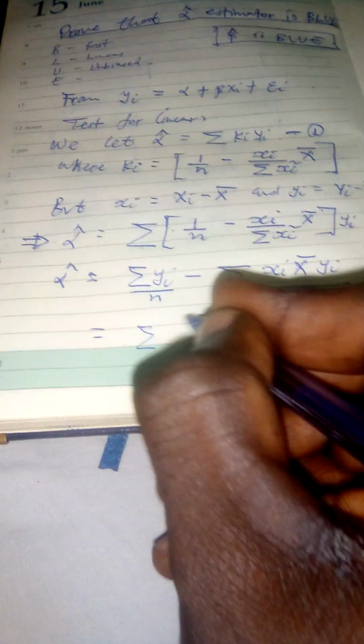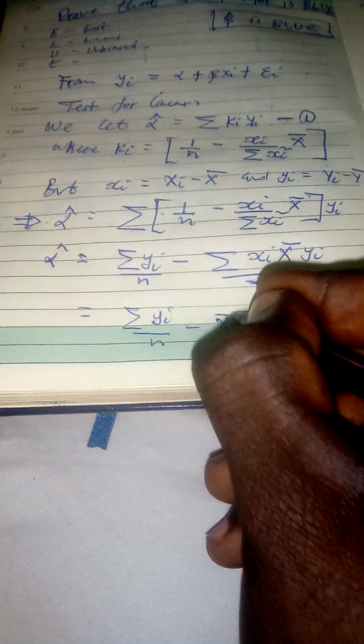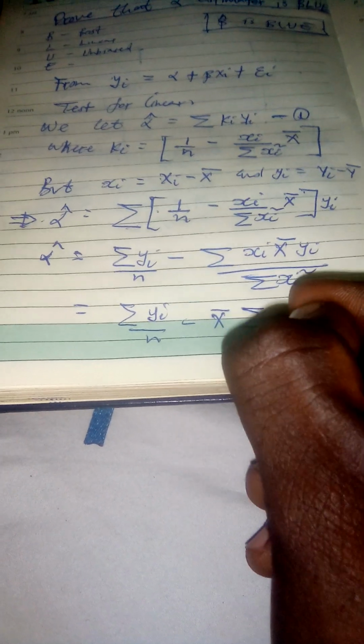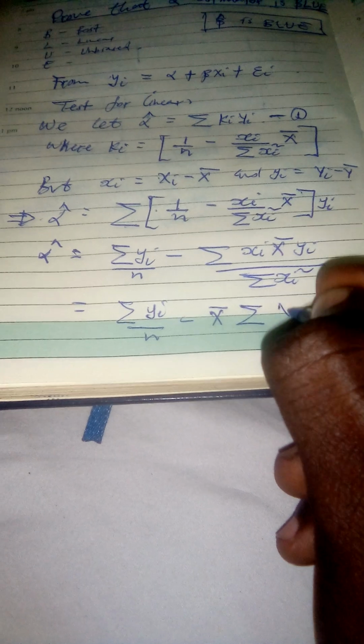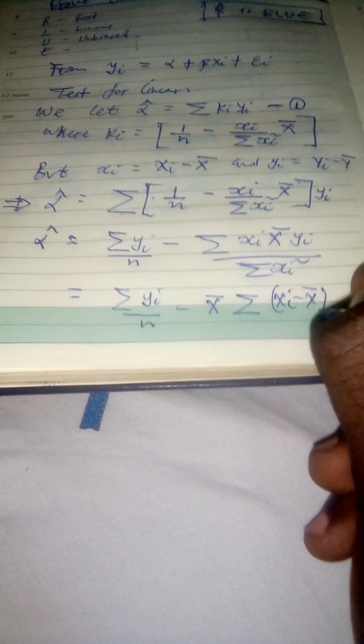Again, we continue. This is the same as the summation of yi over n minus x bar times the summation of xi minus x bar, yi minus y bar, over the sum of squares of x, the summation of xi minus x bar squared. I'm very sorry, I'm going to skip some steps since I'm being affected by time.